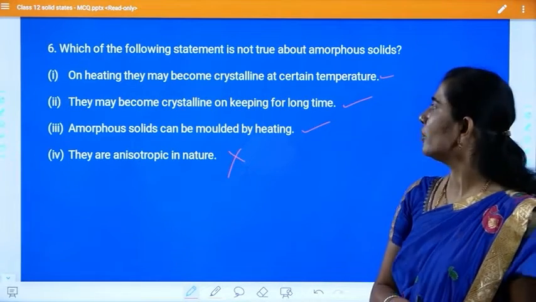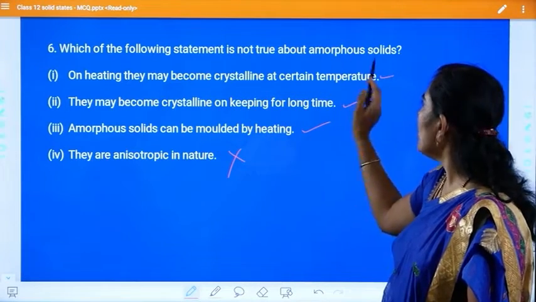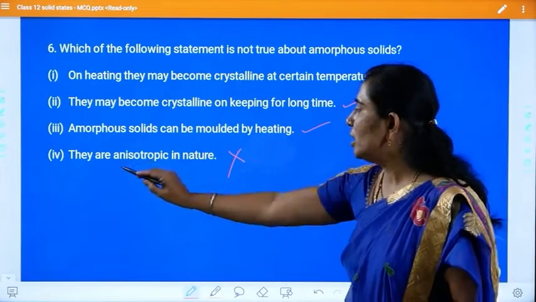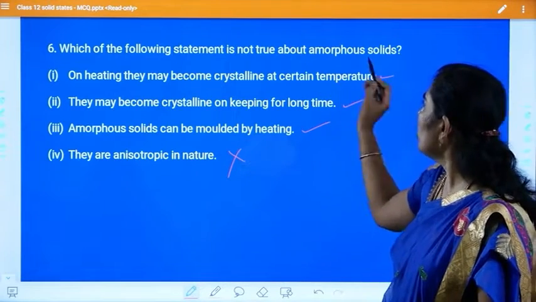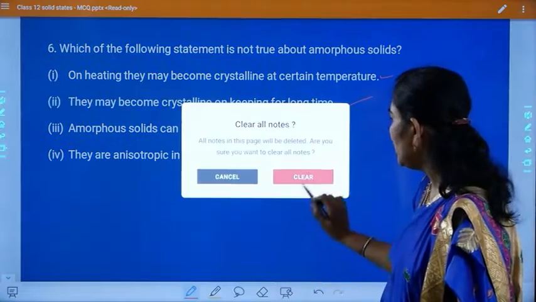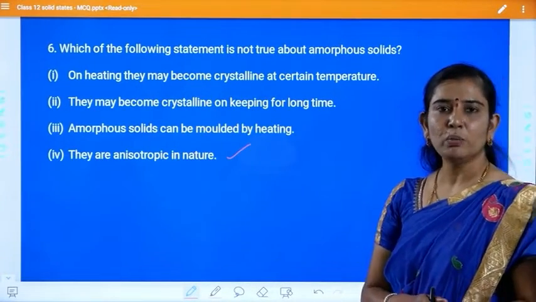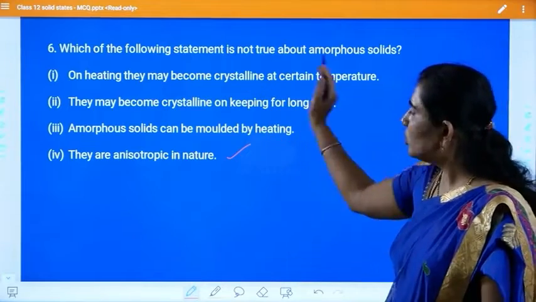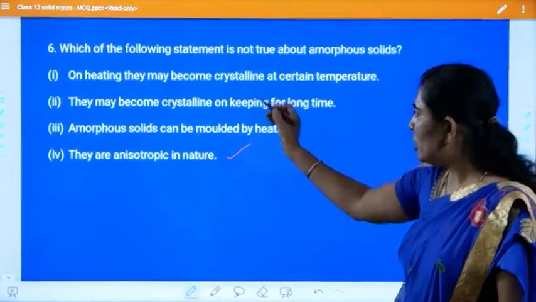So, which of the following statements is not true about amorphous solids? They are anisotropic in nature is not true about amorphous solids. So the correct option is option 4. Students, please don't get confused. Go through the question properly. Understand the question, then understand each option.